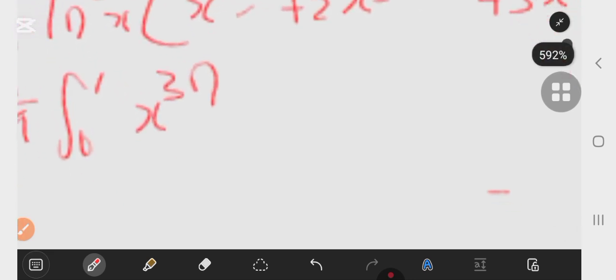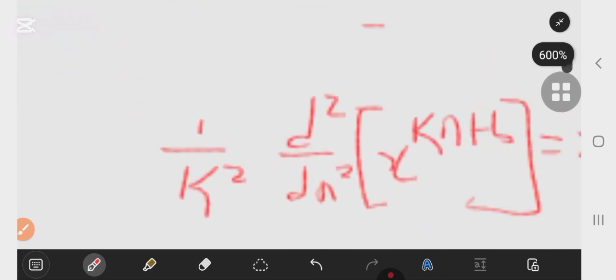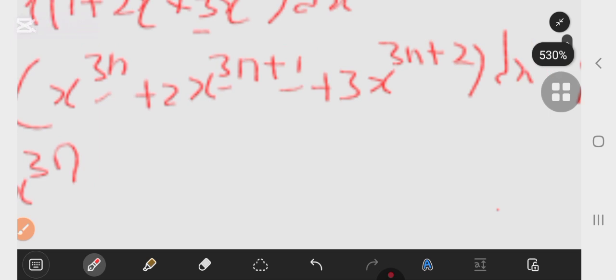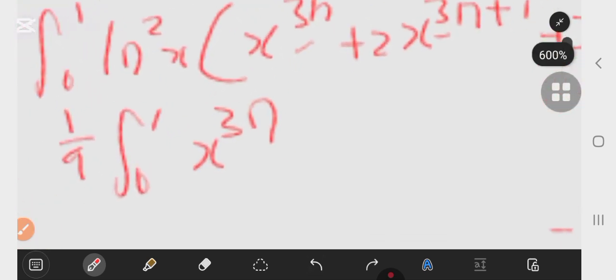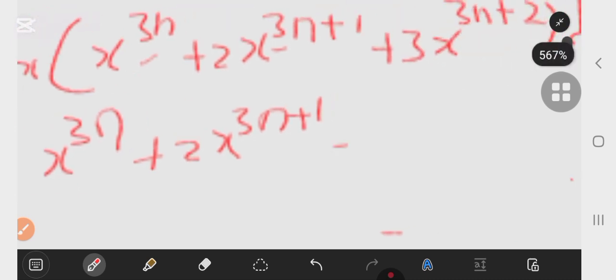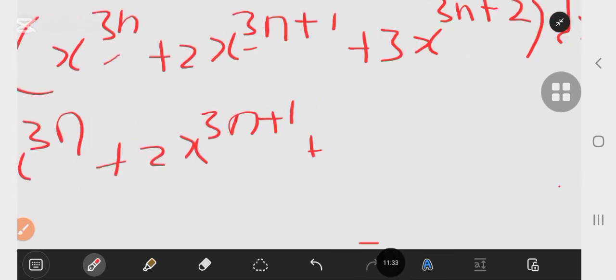Now my b can be any of these numbers. So I have the integral of x raised to the power 3n plus 2 x raised to the power 3n plus 1 plus 3 x raised to the power 3n plus 2, all into dx.